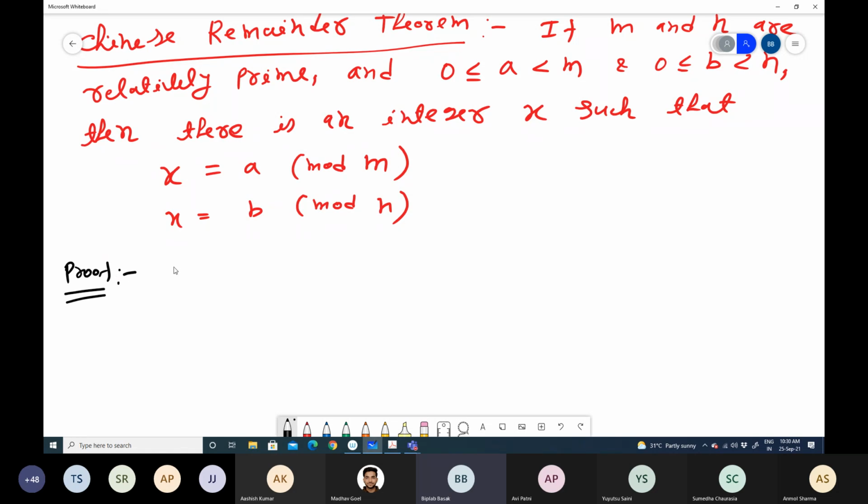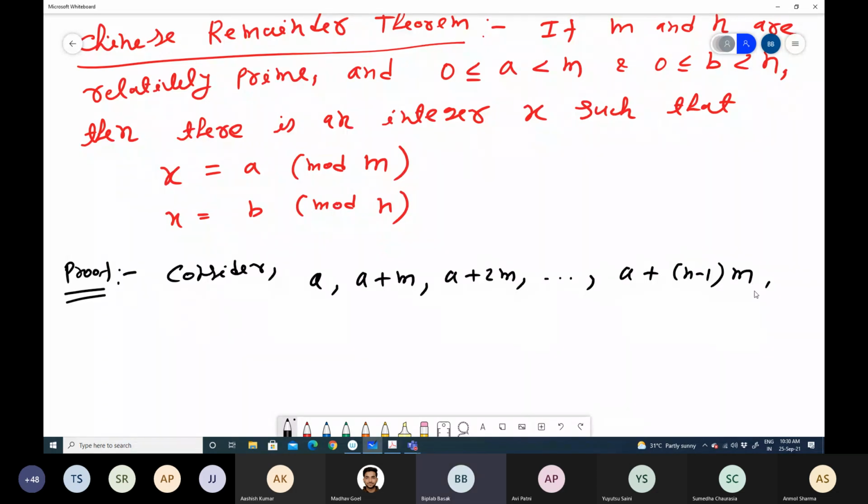So first of all, we consider the integers a plus m, a plus 2m, up to a plus n minus 1 times m. Consider these integers.